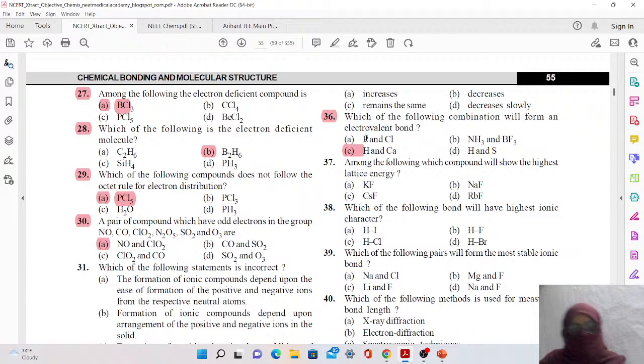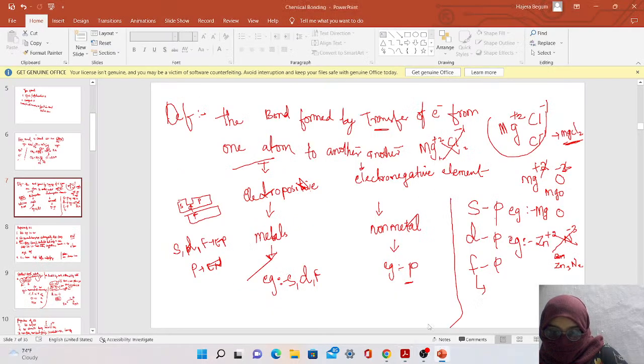So what do you think the answer is among A, B, C, D? How do you know which has high lattice energy? Find the one which has more ionic character. How do you know that it has more ionic character?